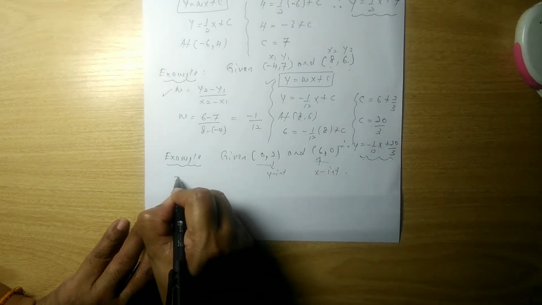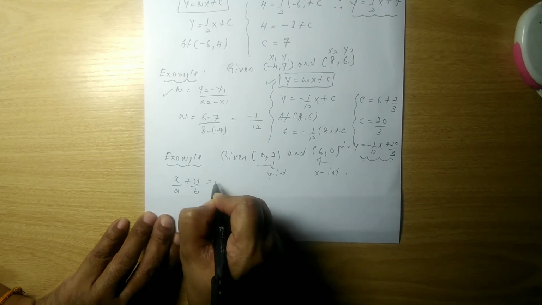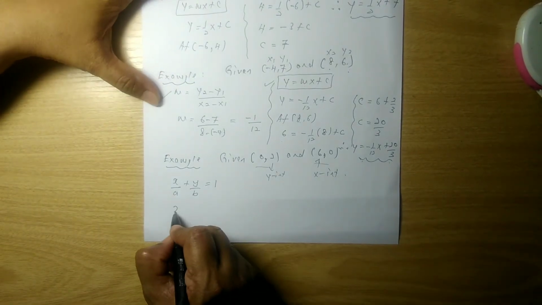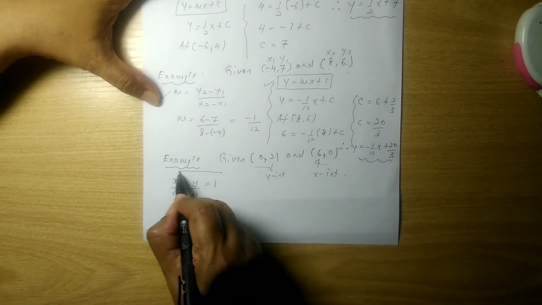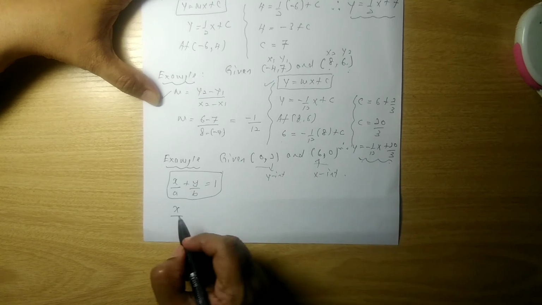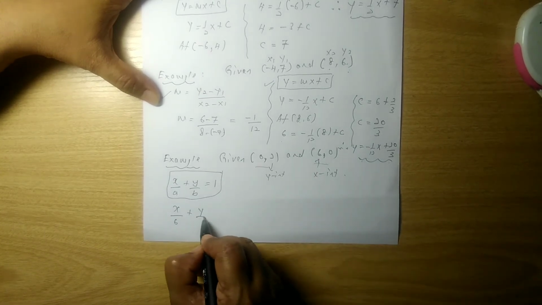I'm just going to use x over a plus y over b equals 1. So x over my x-intercept, which is 6, plus y over 2 equals 1.